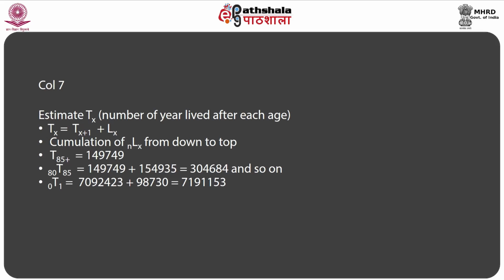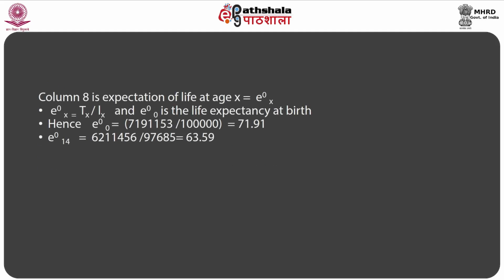T0 equals 7092423 plus 98730 equals 7191153. Column 8 is the expectation of life at age x, e naught x, which equals Tx divided by small lx, and e naught x is the life expectancy at age x.